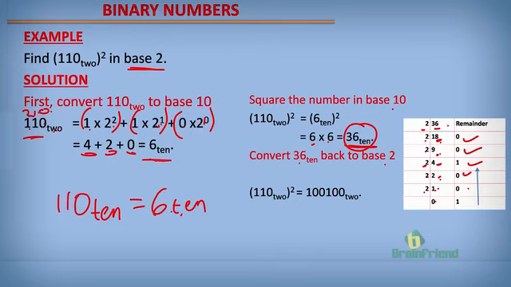So the answer is the remainders from the bottom to the top. That is 1, 0, 0, 1, 0, 0 base 2. So the square of 110 base 2 is 100100 base 2.